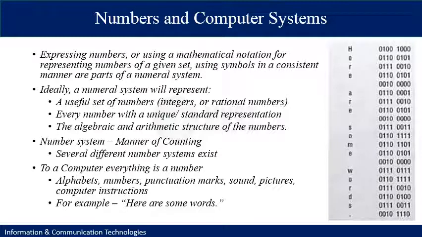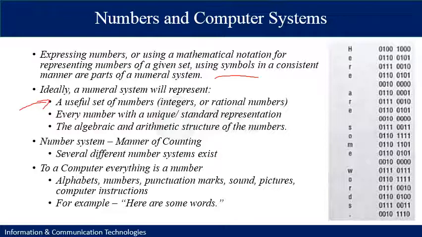So to represent a set of numbers, you must have a numeral system. A numeral system is a way of expressing numbers, or a mathematical notation for representing numbers of a given set using some symbols in a consistent manner. Ideally, a numeral system will represent a useful set of numbers, and these numbers may be integers or some rational numbers.